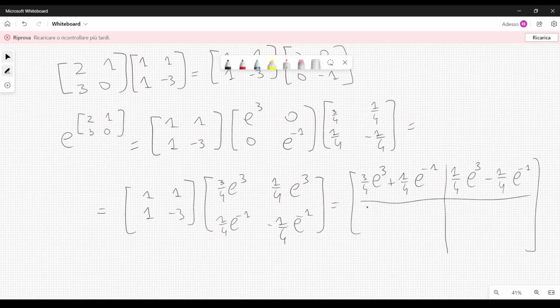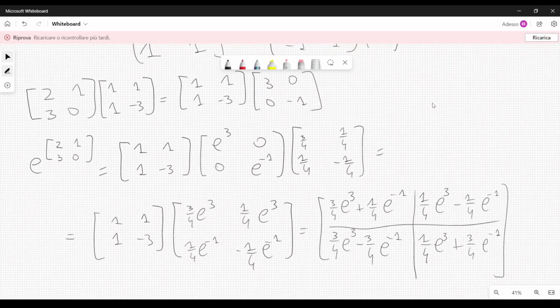And then I have 3/4 e to the third power minus 3/4 e to the -1, 1/4 e to the third power plus 3/4 e to the -1. Simple as that. So we have found the result. The exponential of this matrix is still a matrix, and it has the following form here that we just found.